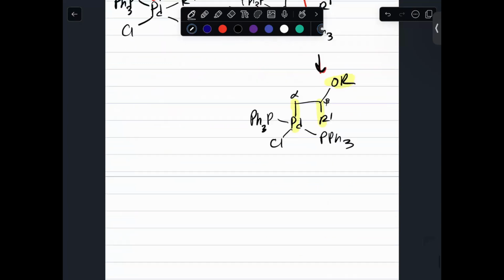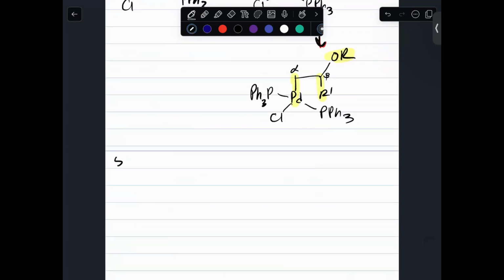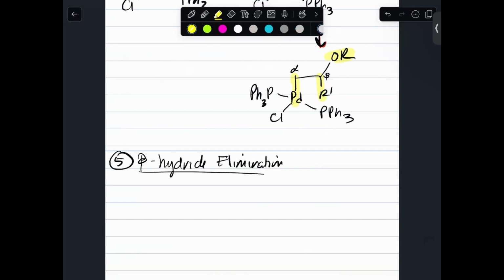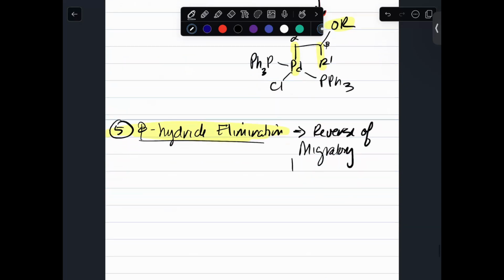Okay. Reaction number 5 is beta hydride elimination. And this is just the reverse of migratory insertion.